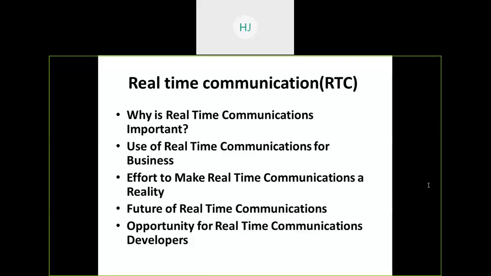Next, what is the effort to make real-time communication real? Since the early days, every effort has been made to make the internet faster and faster.